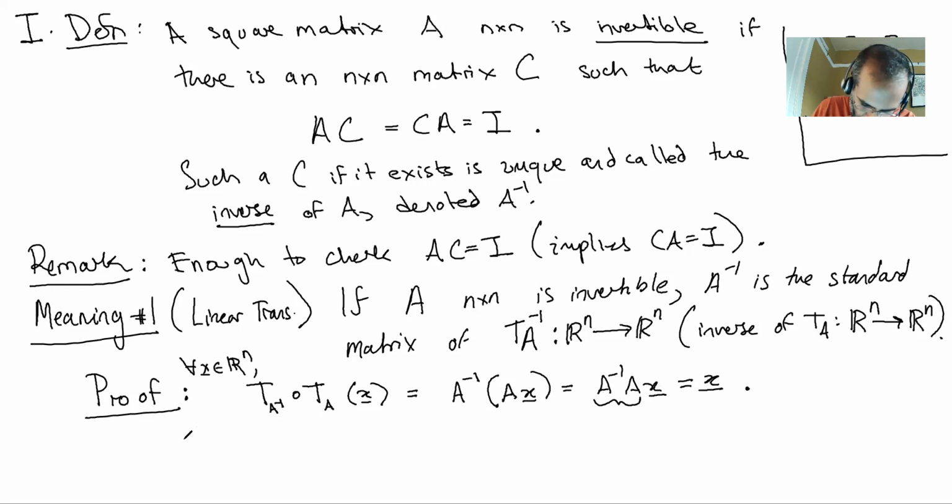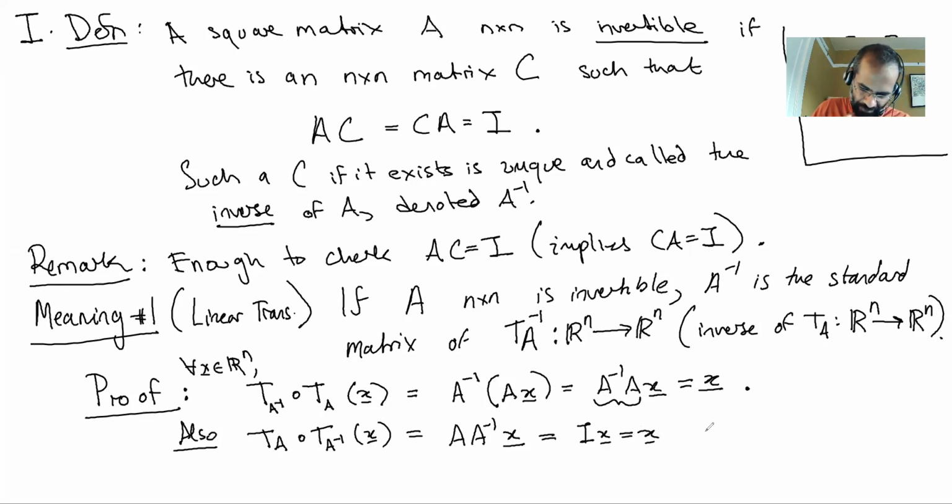And also, if you do it the other way, if you look at TA of TA inverse of X, then that's A times A inverse times X, which is identity times X, which is also X. And that's it, right?